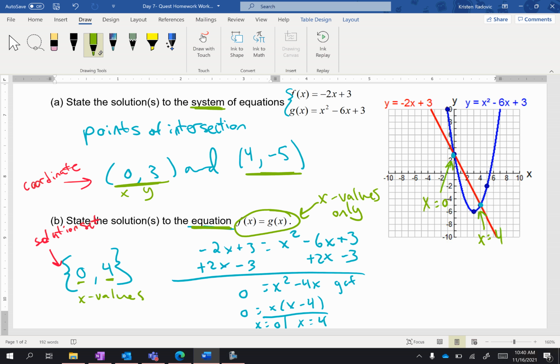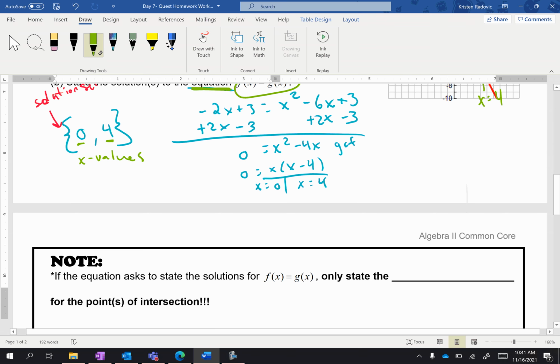But they will try to get you in multiple choice questions where they say, find the solutions to f of x equals g of x. But they'll give you these coordinates instead of giving you the x values only. And you need to know my answer is not a coordinate when they say f of x equals g of x. And we're going to practice this more in class.